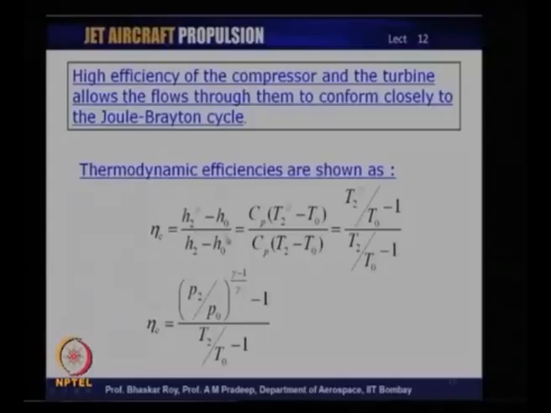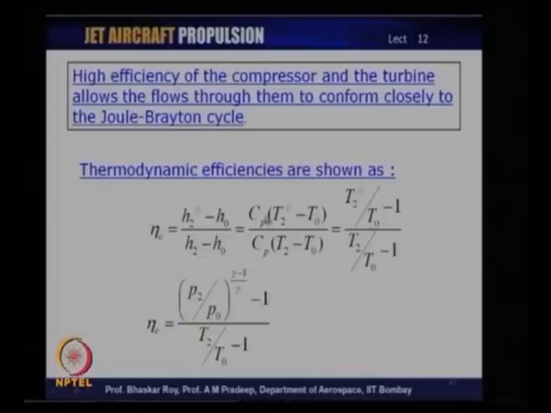This is the ideal work done, this is the real work done, and work at station 0, this is work at station 2, and the numerator is the ideal work and denominator is the real work done, and the ratio of the two is the efficiency, which we have called isentropic efficiency.